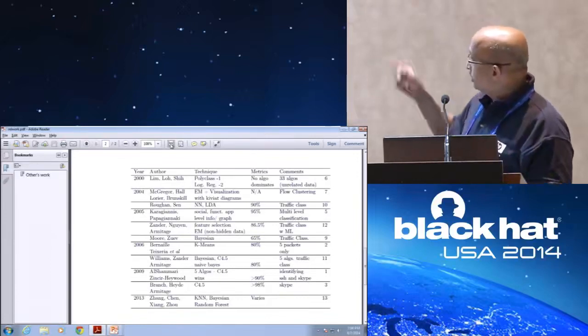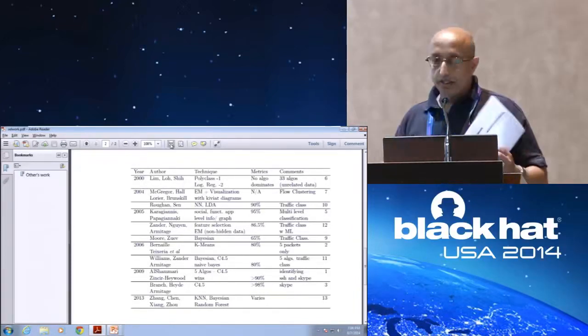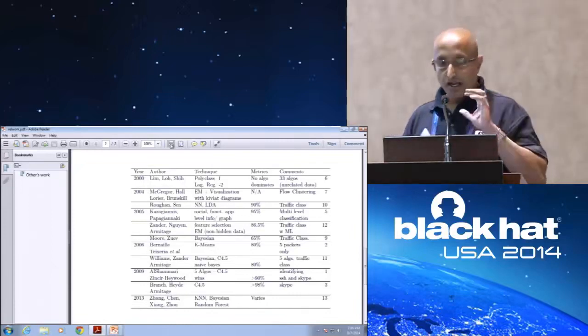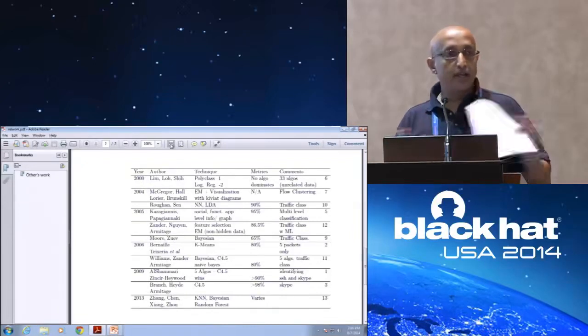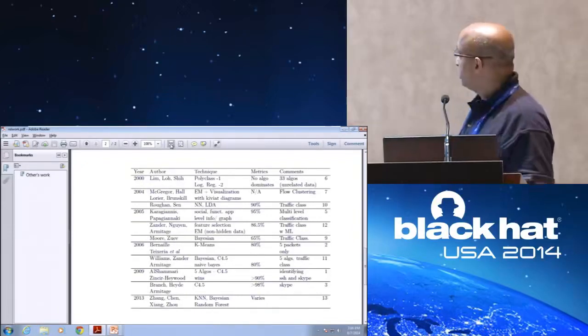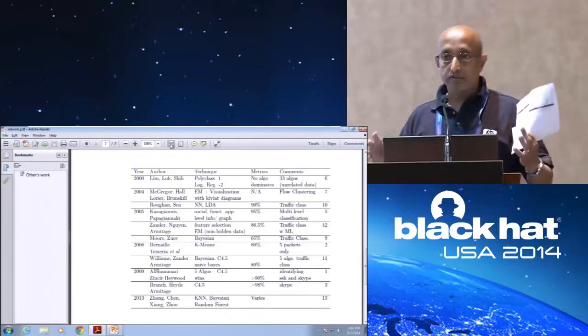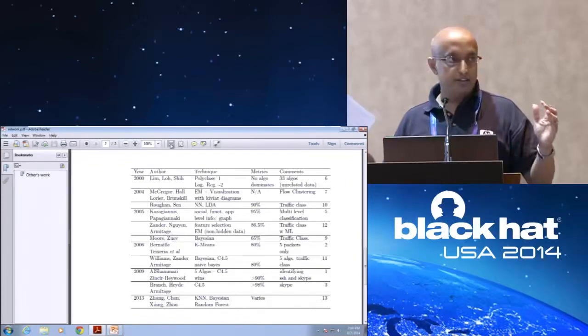In the next line, McGregor and his co-authors used the expectation maximization algorithm, which is an unsupervised learning algorithm, which means that the data doesn't have labels on it, to classify and cluster traffic flows, and they used Kviat diagrams to visualize the clusters.